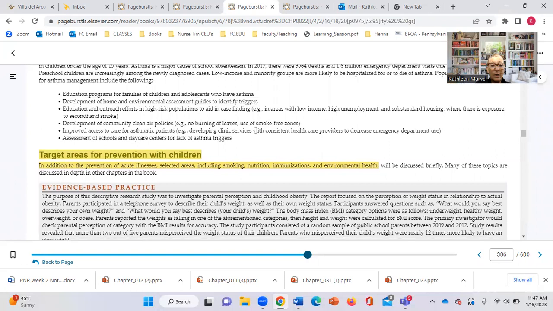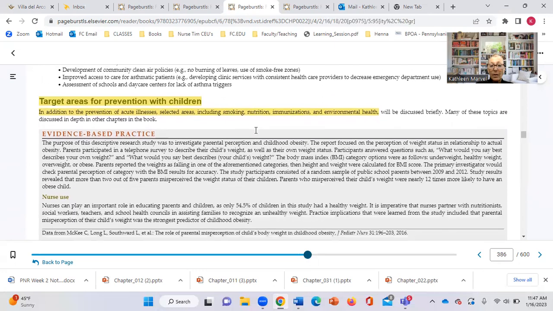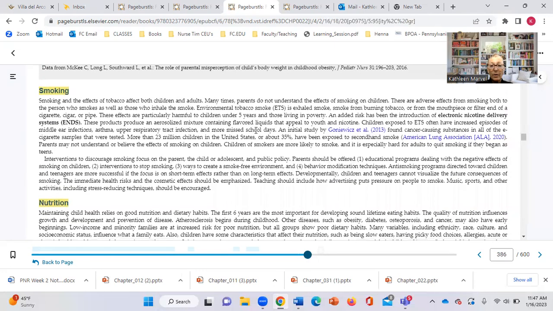So what are some of the targeted areas for prevention with kids? In addition to the prevention of acute illness, we also need to talk about areas such as smoking, nutrition, immunizations, and environmental health. Okay, these are all targets of prevention.